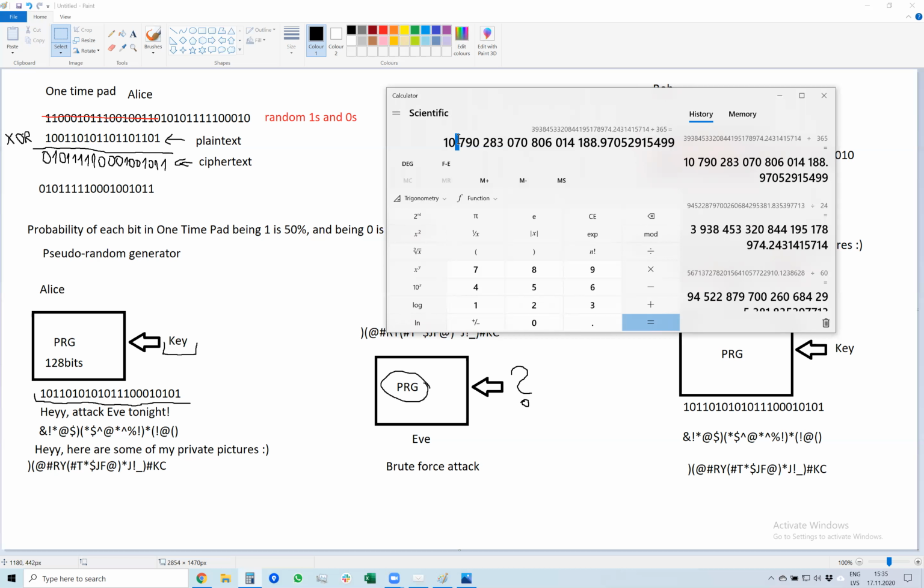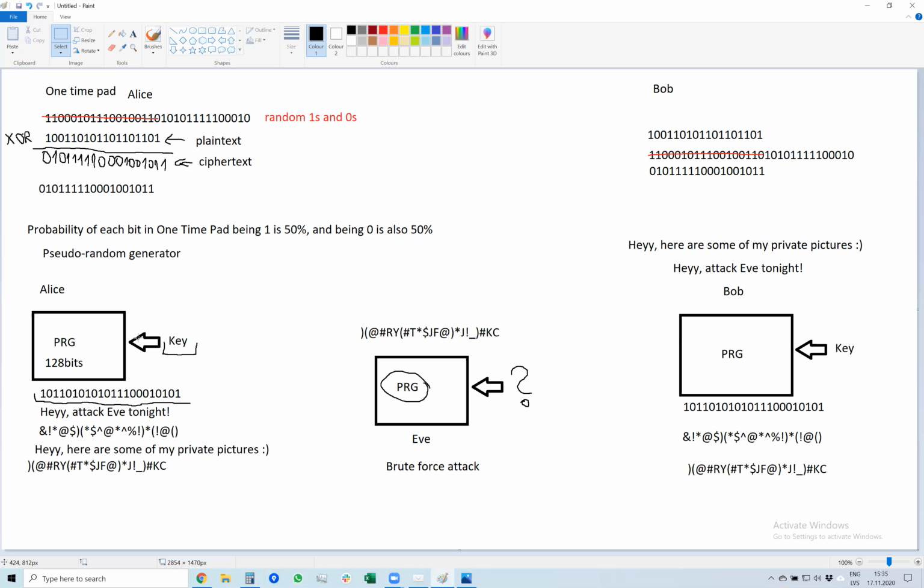Those who believe that the universe was not created by God, but it's all physics, they think that this number is bigger than the age of the universe. And they say the universe will cease to exist by the time that all these combinations will be tried. So generally today 128 bits is considered a strong password.